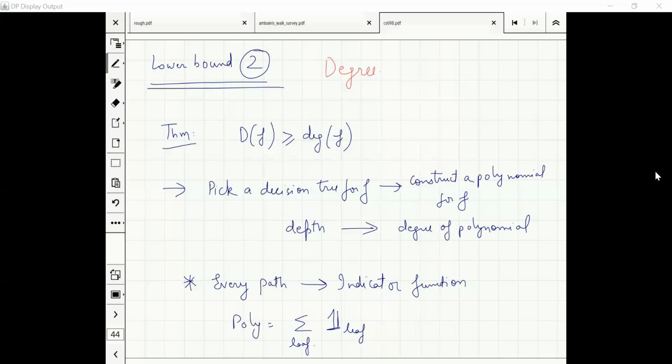Actually, I should say the leaves which give the answer 1. So sum up all indicators of leaves which are giving answer 1. That will be the polynomial representation. Verifying that this works is an exercise. Is the idea clear?